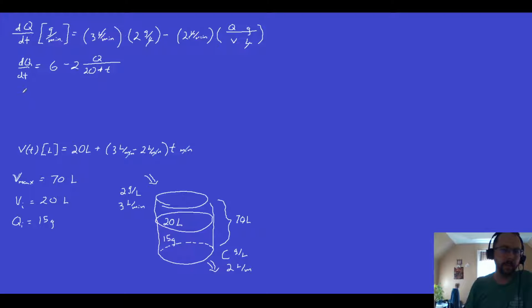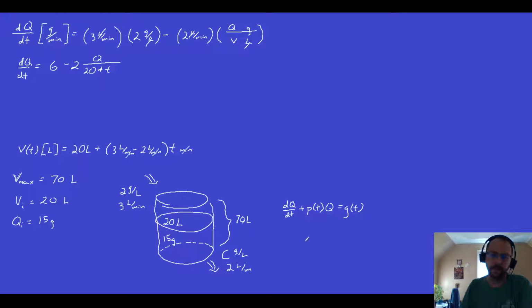Let me just rewrite it again here and move this to the other side, because we're going to use the integrating factor technique. So the goal, I'll write it down here, is to get our equation to look like dq/dt plus p of t times q equals g of t.